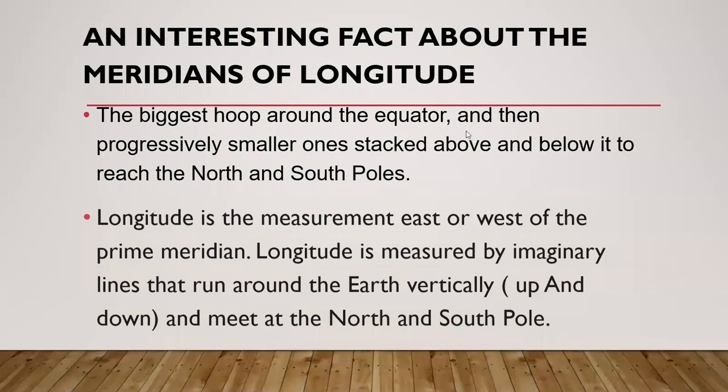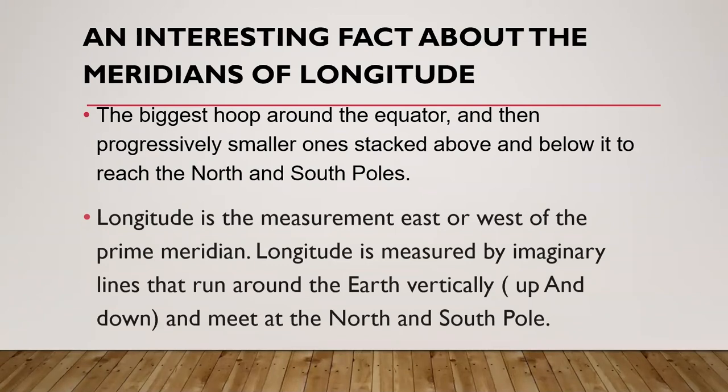When they reach the north or south pole, they go around and round the earth, and when they reach north and south, they converge there. Converge means they go above and touch each other, right?